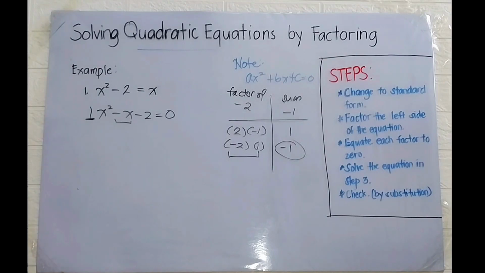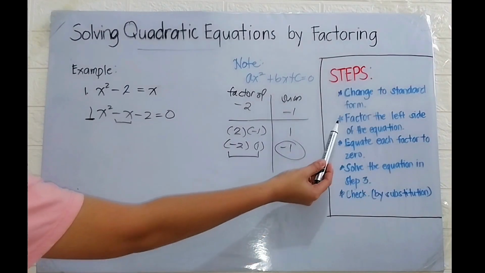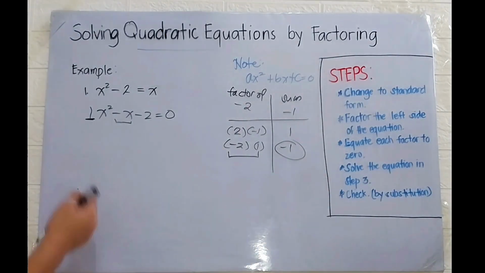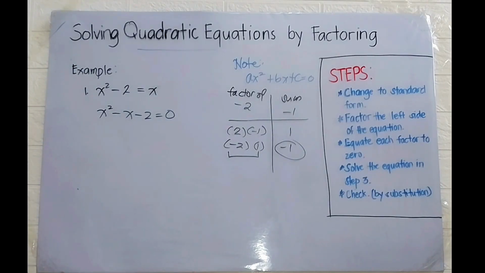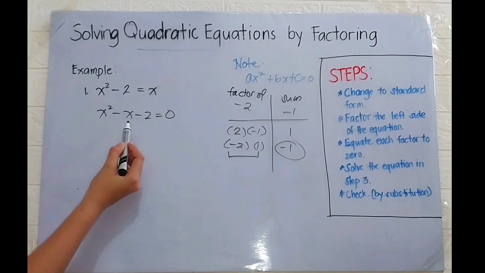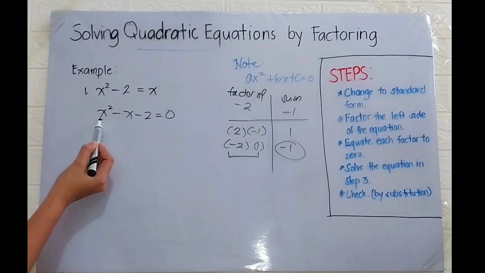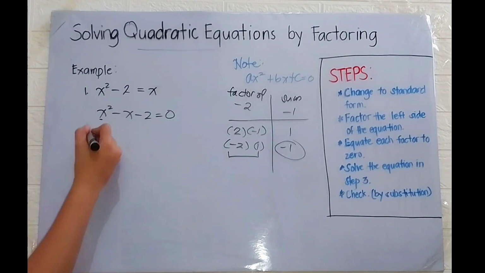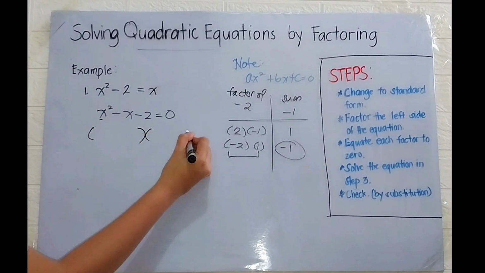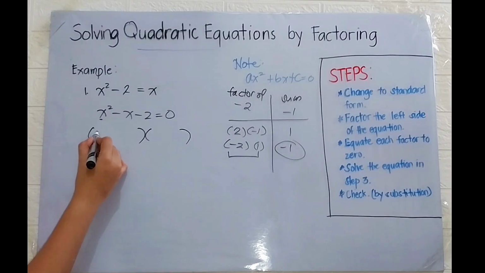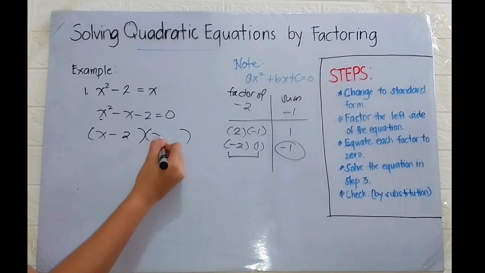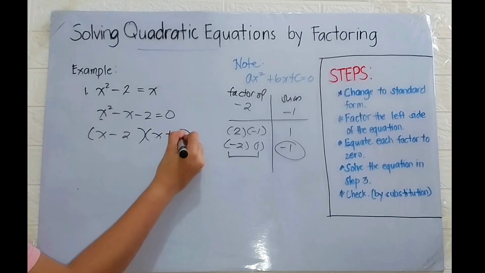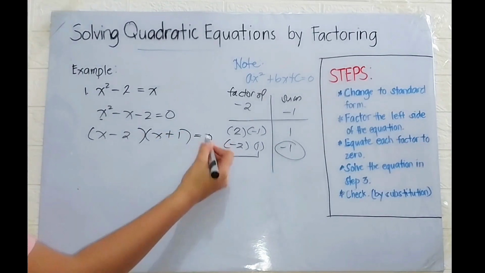So, ano pong gagawin natin yon? Since we're going to factor, I'll just erase this one. The factor of x squared minus x minus 2, since the variable used is x, you just put two parentheses. So one factor is x, get the negative 2, and then x, get the sign positive 1, equals 0.